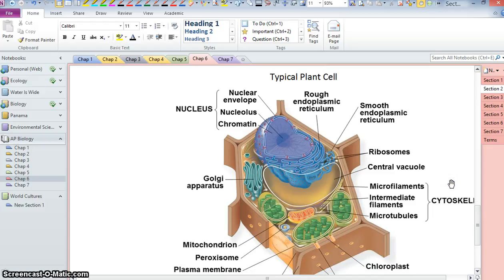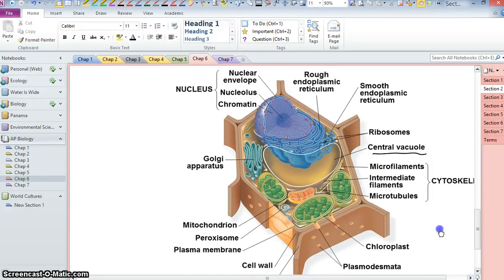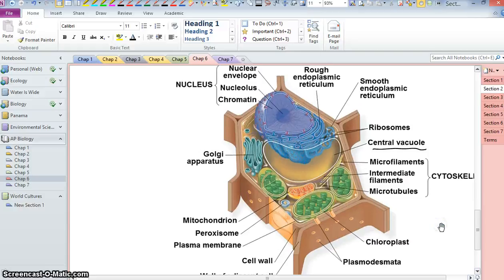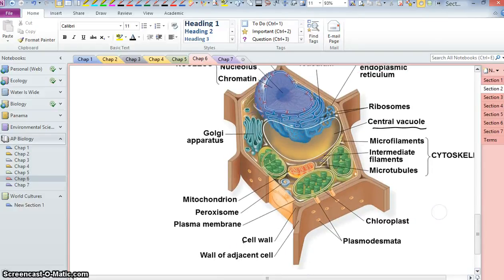Okay, plant cells. Again, a lot of the same things: mitochondria and Golgi and ER, nucleus, all that. But what do they have that animals don't have? The central vacuole, this large, mostly water-filled sac inside the cell that helps maintain the water pressure inside the cell. Cell wall, you don't see that in animals, gives it support. And because they have a cell wall, they have a less extensive cytoskeleton than animals.